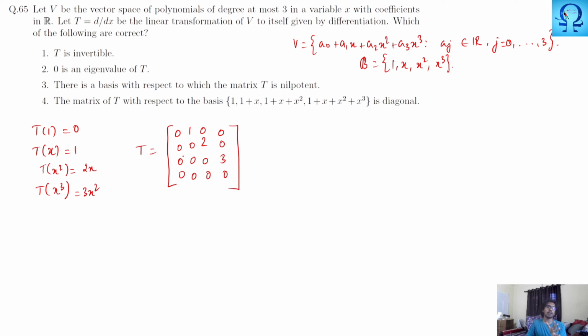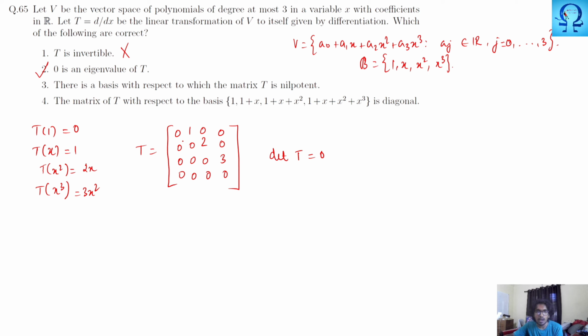This is the matrix of T with respect to the standard basis. And clearly, determinant of this T is 0 and hence T is not invertible. And easily from the matrix of T with respect to the standard basis, we are able to see that 0 is an eigenvalue.